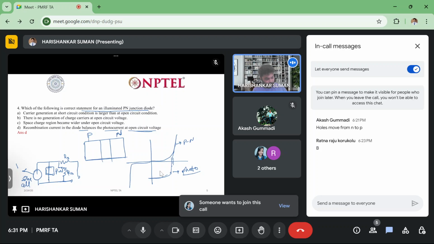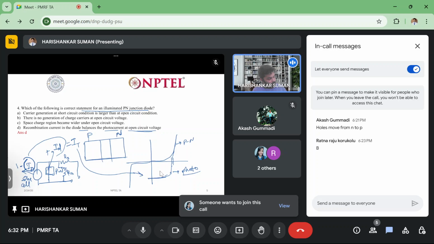So one is photocurrent, other is diode current, and these are opposite in sign. So photocurrent is higher. So this is, let's say, minus. This is plus. The total current IT is lower over the whole spectrum of PN diode.